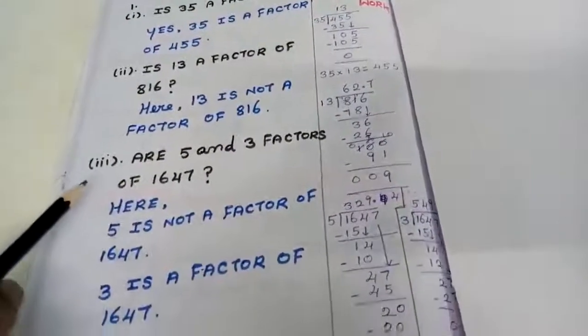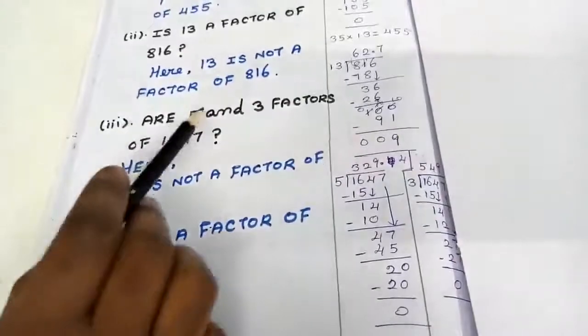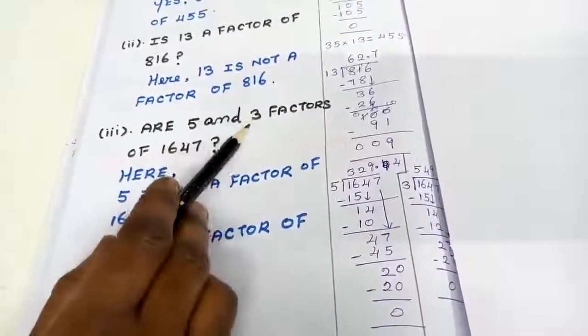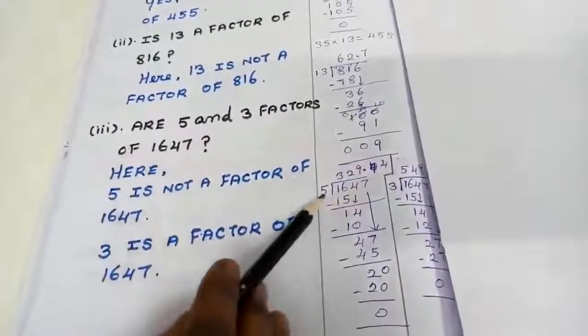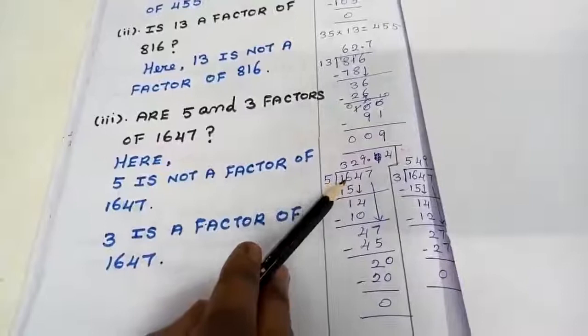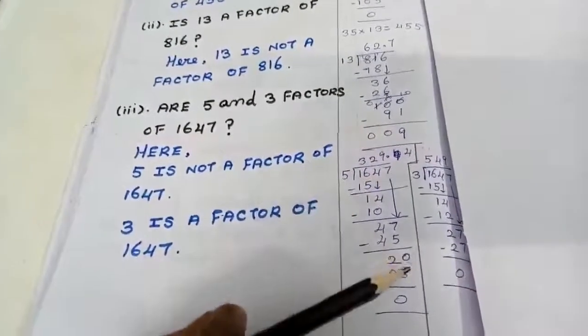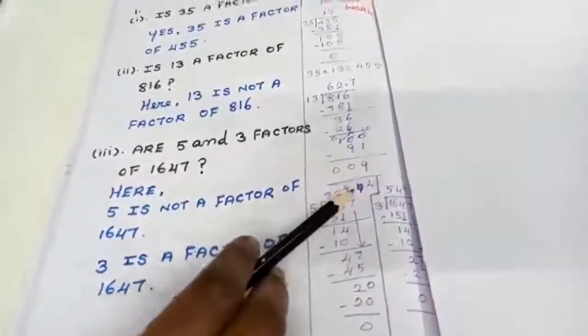But if you see the third sum, they are asking you to check with 2 tables, that is, using the 5 table you are going to divide this number, and using the 3 table also you are going to divide this number. While I am dividing 1647 by the 5 table, I am getting the remainder 0 only after putting the decimal point.